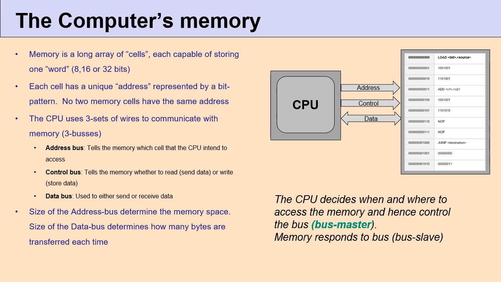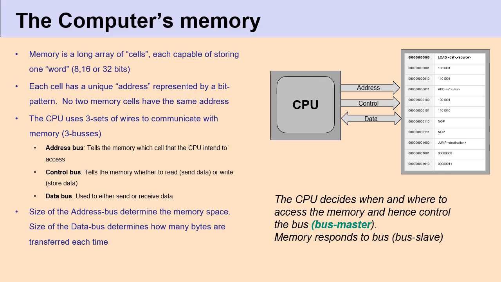In our locker box comparison, you can imagine the size of the locker to be the width of the data bus. If the locker is large, then we can put a large item in it. Similarly, if the data bus has more bits, we can send more data, a large range of values, in a single transaction. If the locker is small, we can only put a small amount of things in the locker at any given time.